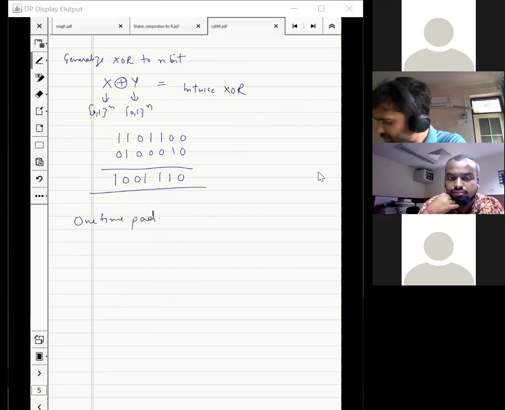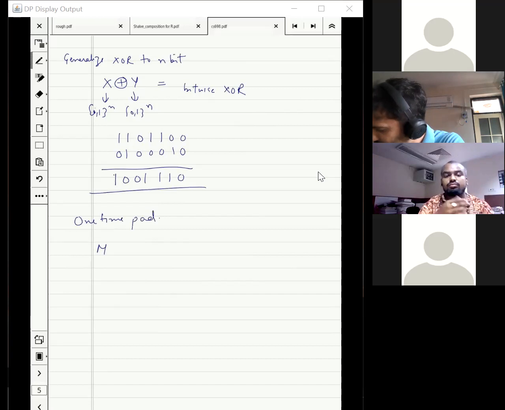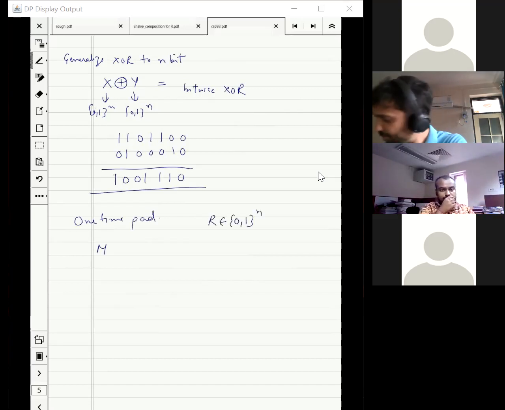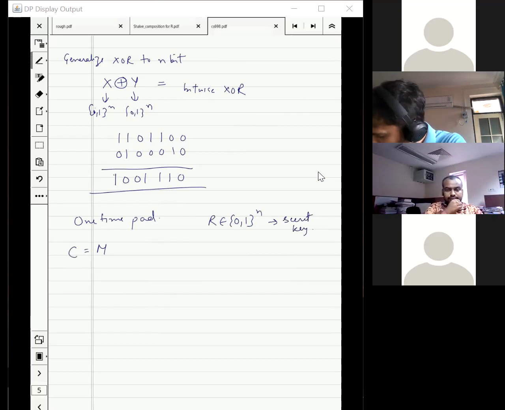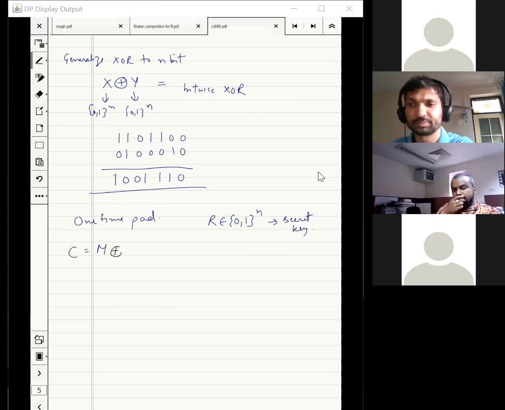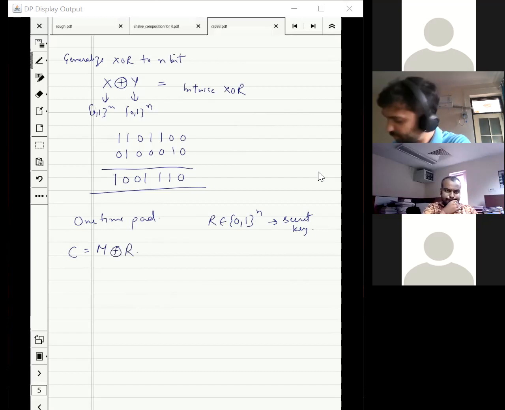You take the message M, there is some R which is your secret key, which is again of the same length as M. And then the message which you are going to transmit is going to be M plus R. Okay. R is the secret key, M is the message, C is what you transmit.